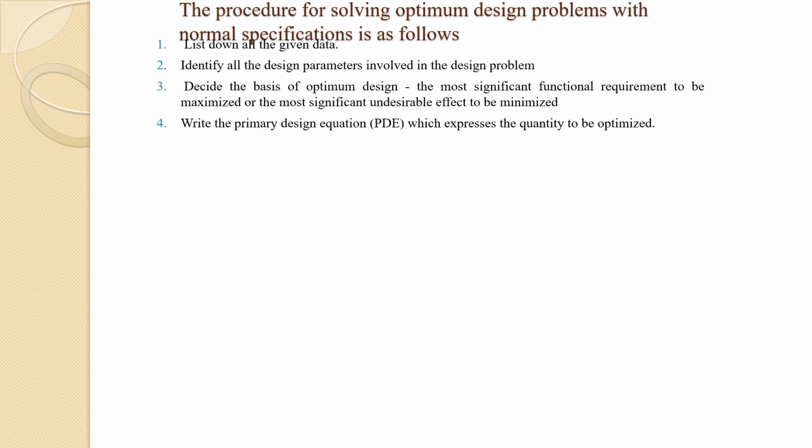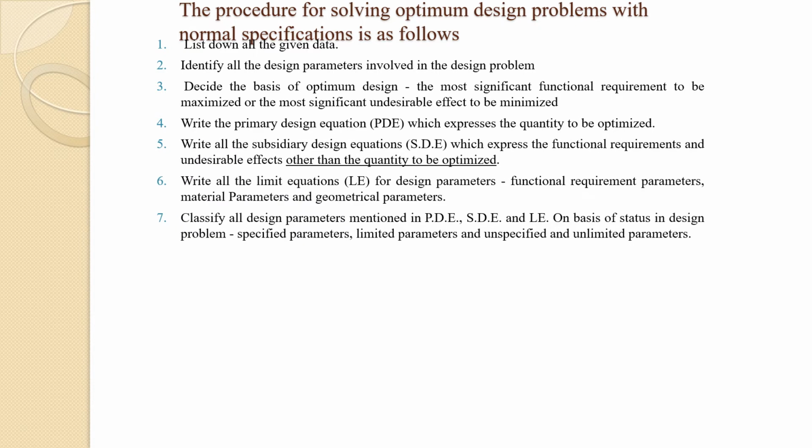Next step is to write the primary design equation, that is PDE, which expresses the quantity to be optimized. Here we will get one primary design equation. Next step is to write all subsidiary design equations, that is SDE, which express the functional requirements and undesirable effects other than the quantity to be optimized. In the subsidiary design equations, the quantity to be optimized should not be included.